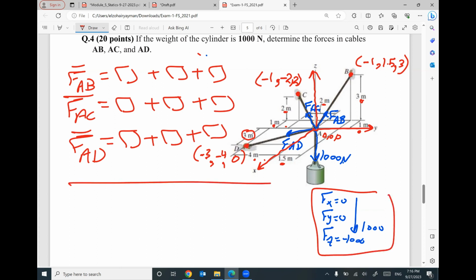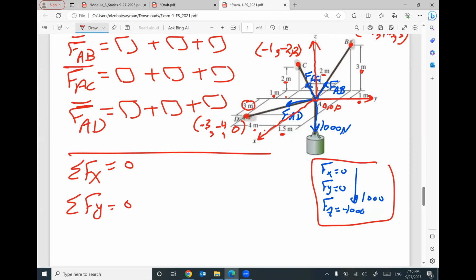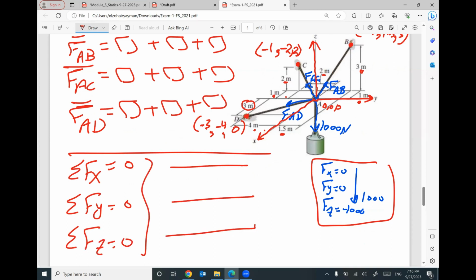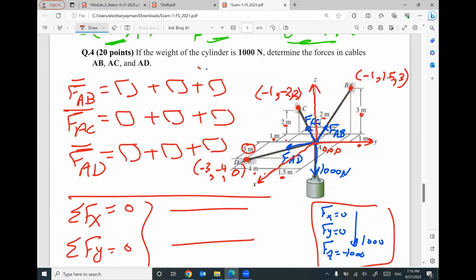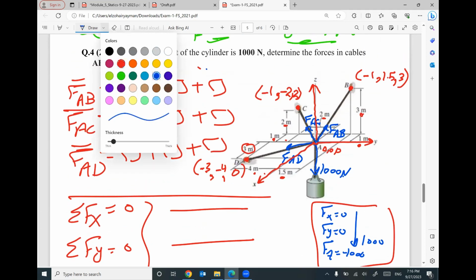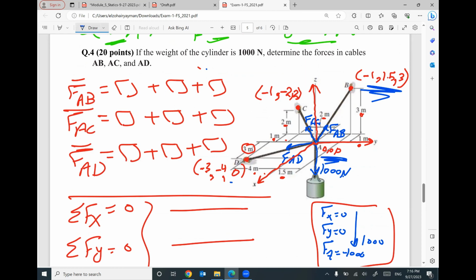By the end, I can say summation of all x components equals 0, summation of all y components equals 0, summation of all z components equals 0, to set up 3 equations with 3 unknowns, and I can solve them together to find FAB, FAC, and FAD. We solved many problems in this way. The most critical step is how to figure out these coordinates correctly, and I'm giving them to you.